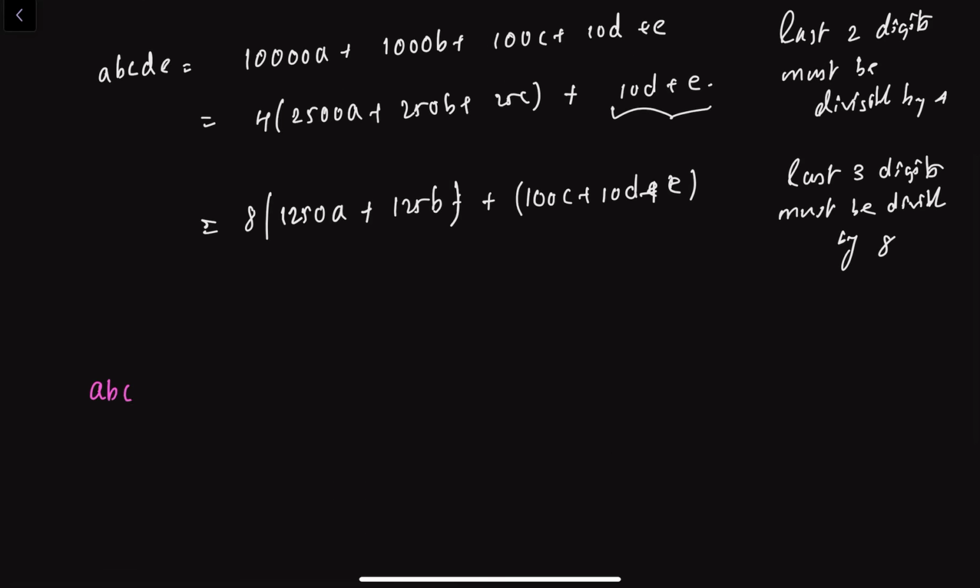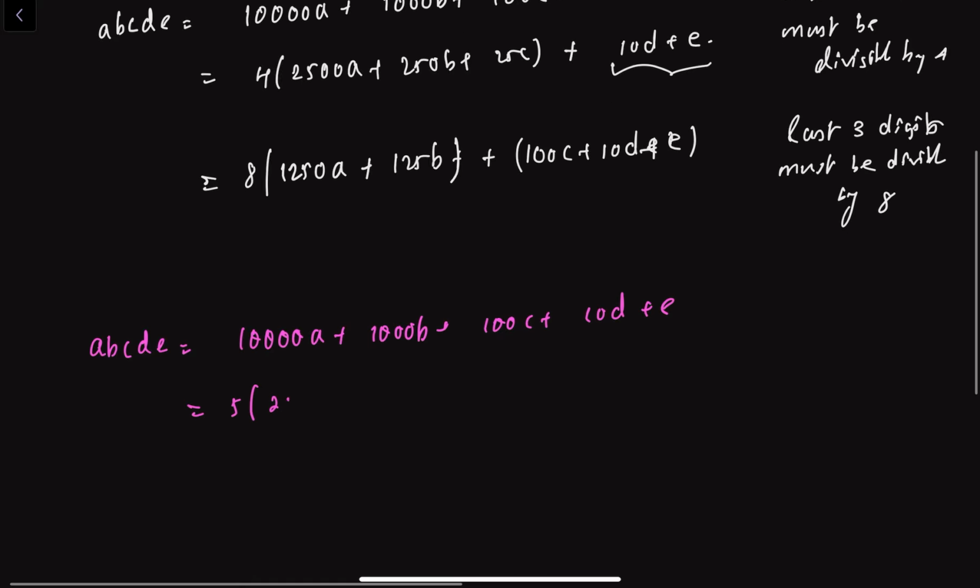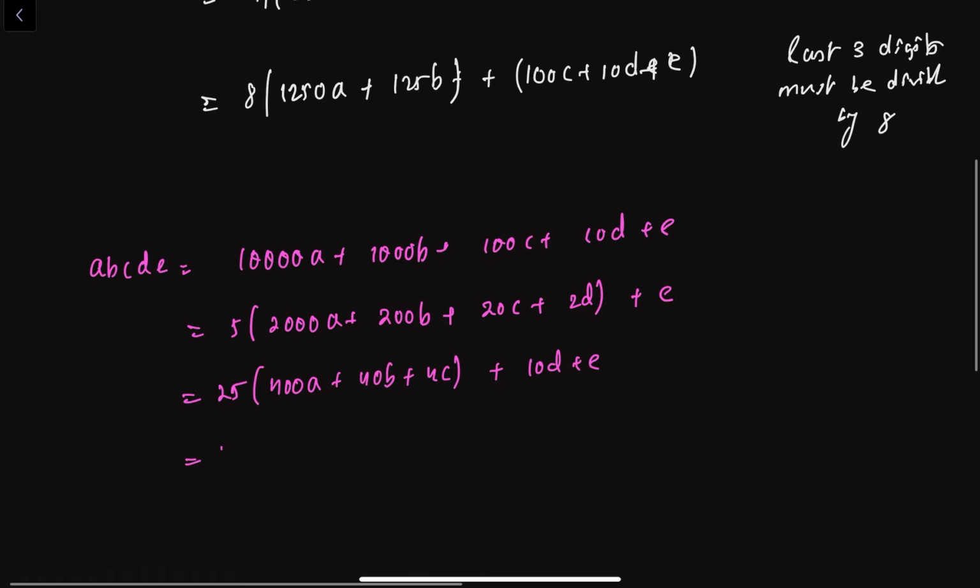In the similar way, if we have ABCDE, I can expand it as 10,000A plus 1000B plus 100C plus 10D plus E. I can take 5 common and write this as 5 times (2000A plus 200B plus 20C plus 2D) plus E. Or I can take 25 common and write this as 25 times (400A plus 40B plus 4C) plus 10D plus E. Or if I take 125 out, I can write the same thing as 125 times (80A plus 8B) plus 100C plus 10D plus E.